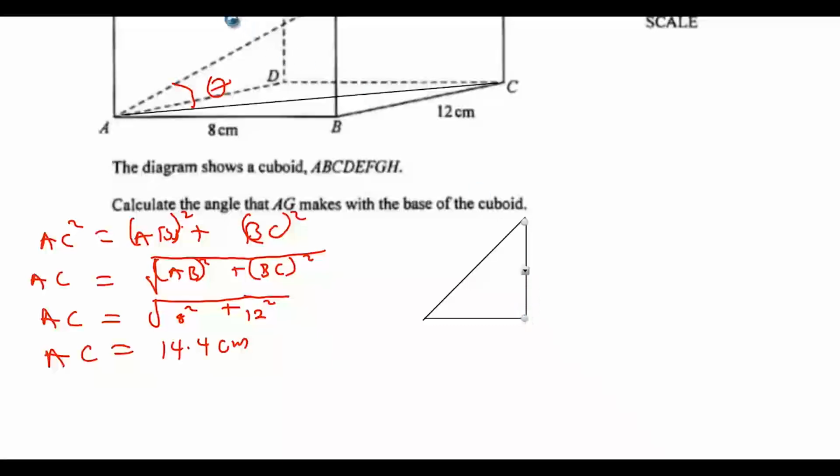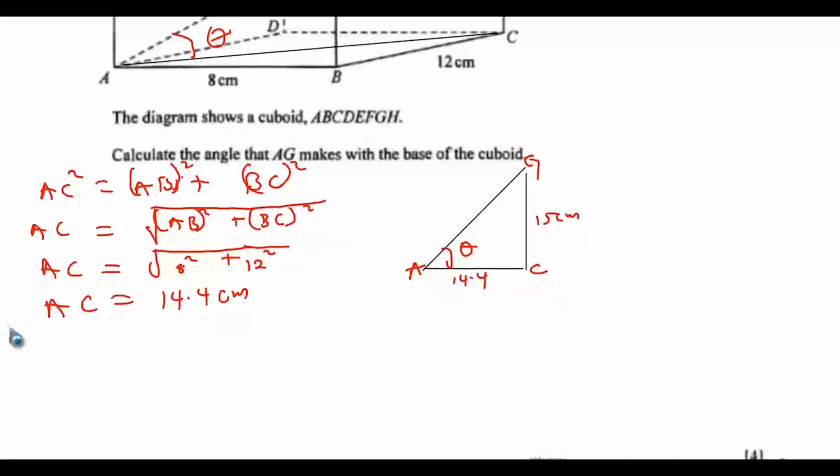Good. So we have point A here, point C here, and point G here. This is theta, the required angle. This is 15 centimeters, and we found this to be 14.4 centimeters.